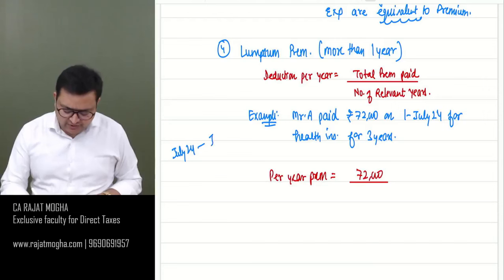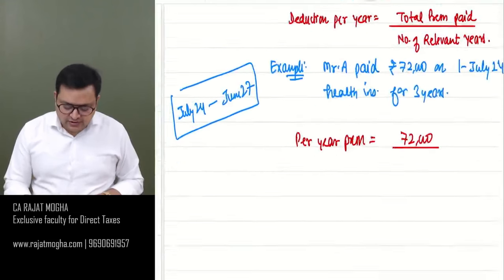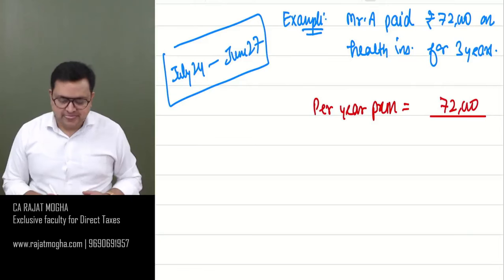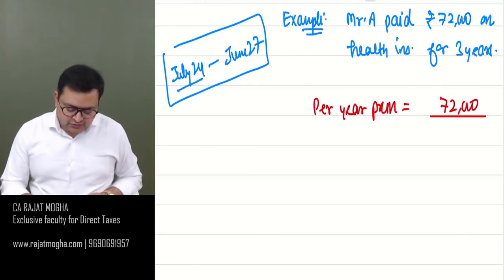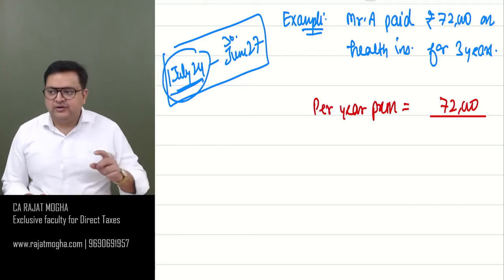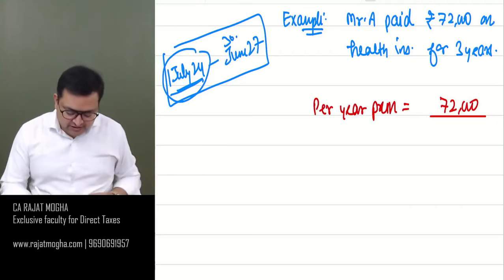So I'm writing June 27. I can write 30th June also. So this is July 24 till June 27. 1st July 24 and 30th June 27. 1st July 24 falls in which year? Previous year 24-25.